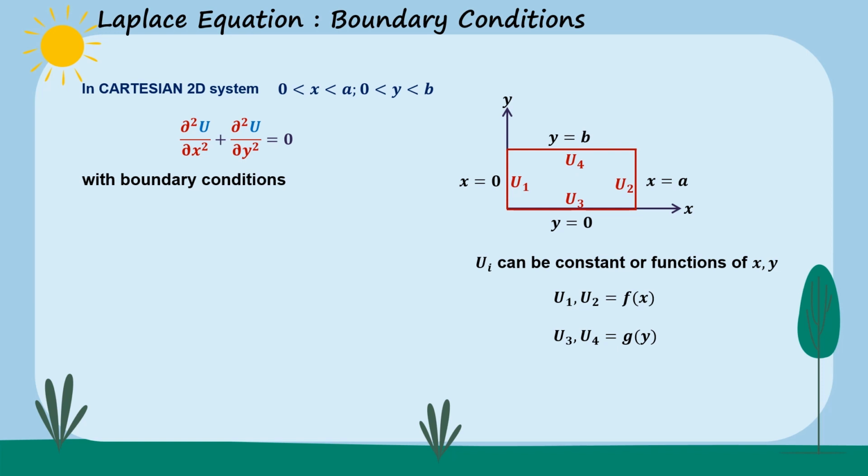Sine x plus y cannot be provided; it can be, but the analytical solution will not be easy in that sense, so we are not discussing that aspect here. Here u1 and u2 must be functions of x only, and u3 and u4 must be functions of y itself. If it's a numerical value, obviously it's well accepted.